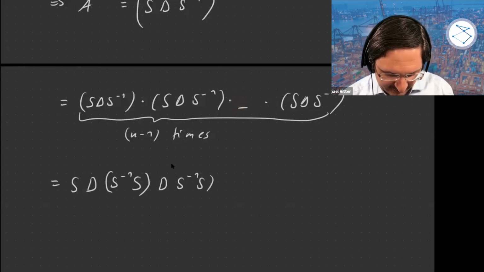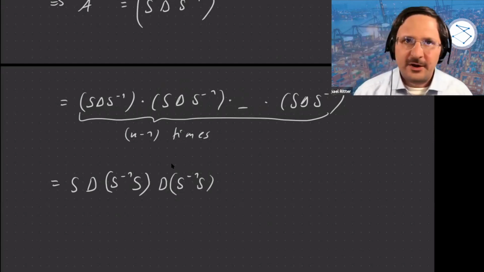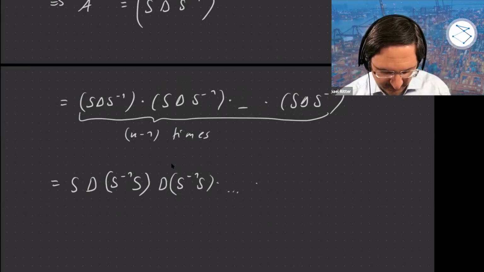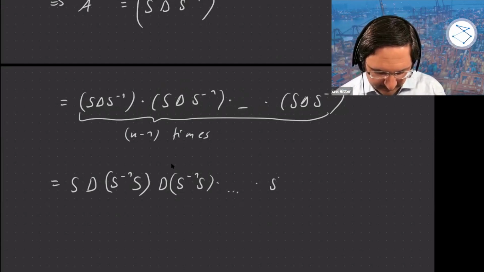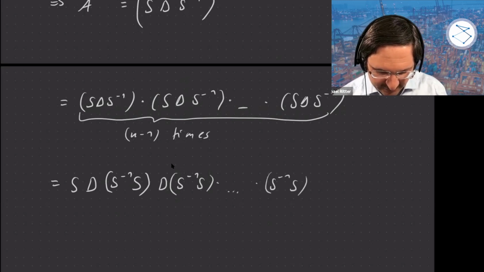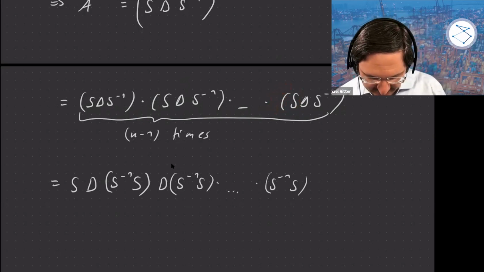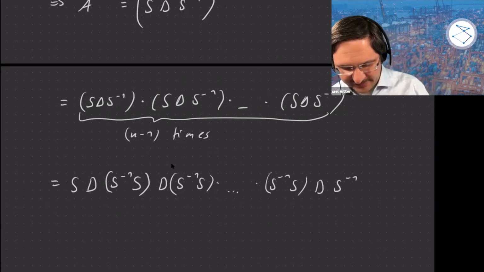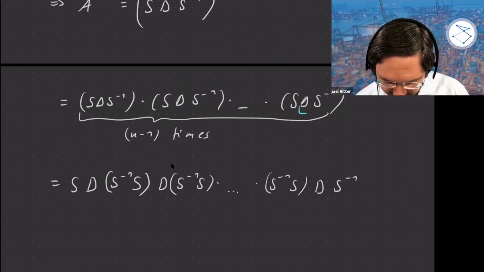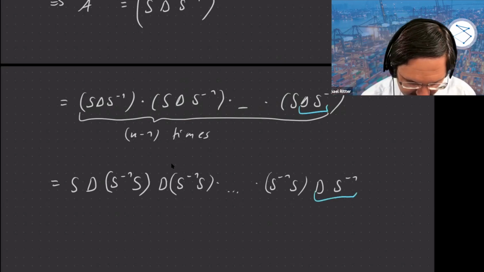So again an S. Again, let's compute that right away because that's easy, and so on until we get to this last S here. Again, there's an S to the minus 1 in front of that. And then we have a D and an S to the minus 1 at the end, right? So this here, that's the end.